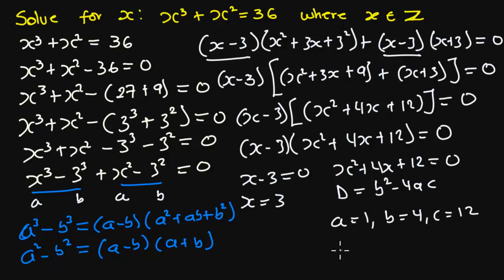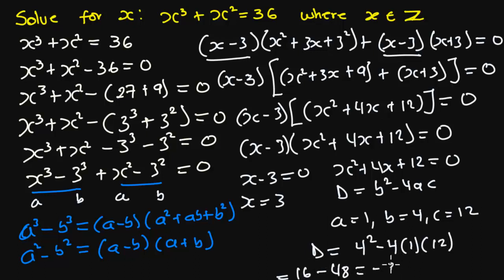So from here, we are going to have d to be equal to b squared, and b is 4. So 4 squared minus 4ac, and a is 1, and then c is 12. So this will be equal to, now 4 squared is 16 minus, and then 4 times 12 gives 48. So this will be equal to minus 32.